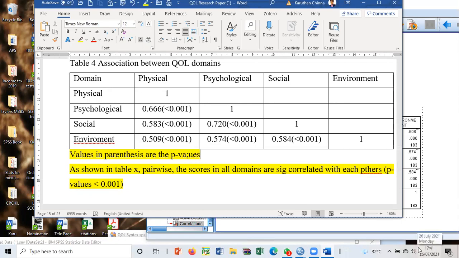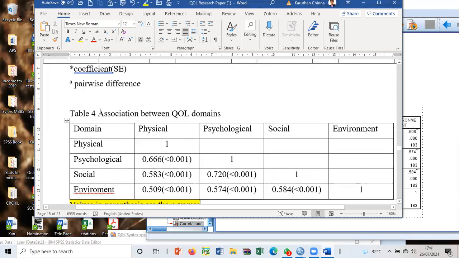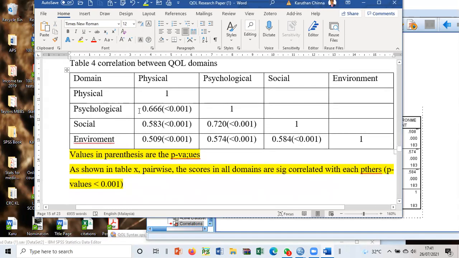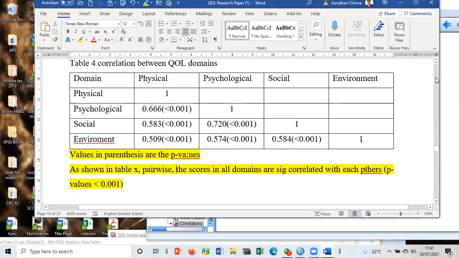So the reader reads here, so this is association, or put the correlation, okay? Correlation between domains. So we know these are correlation values. So what is the bracket? That's the p-values. So what does it mean? All the domains are highly correlated with each other.